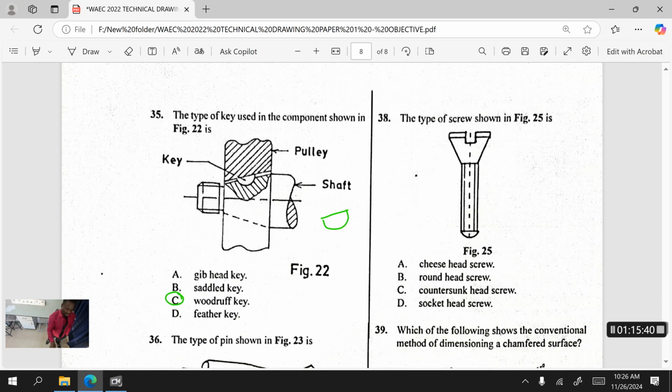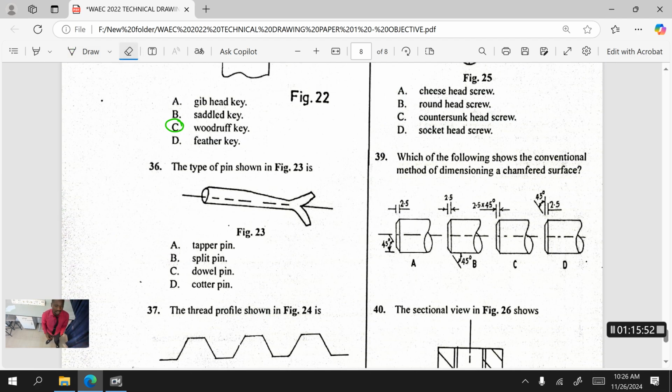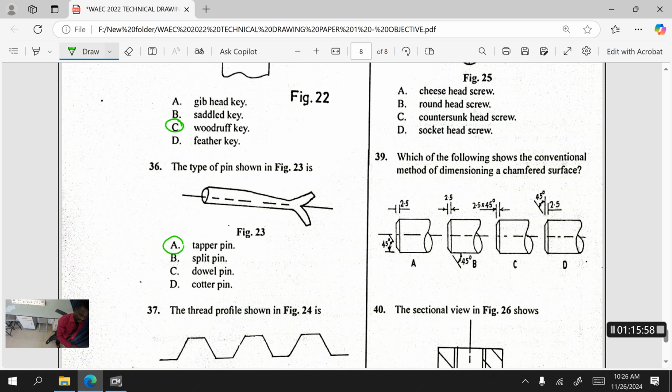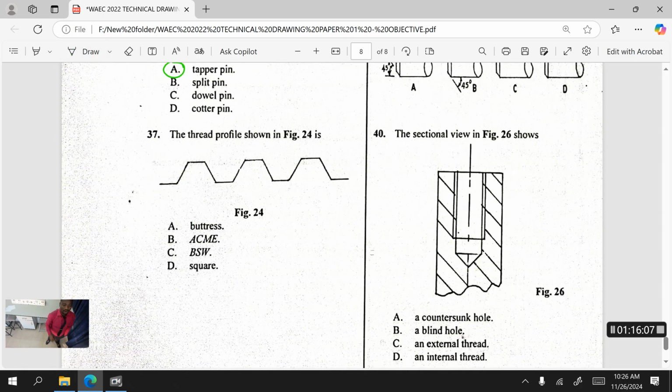Split pin is different from that. The type of pin shown in figure 23 is a taper pin, not a split pin or a dowel pin. So 37. The thread shown in figure 24 is what?